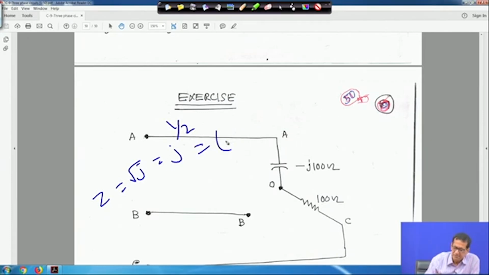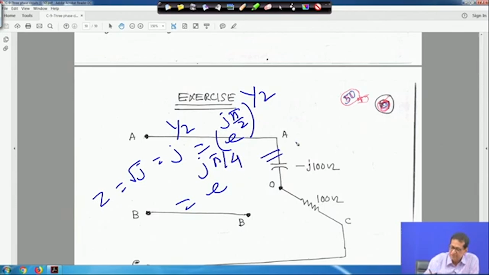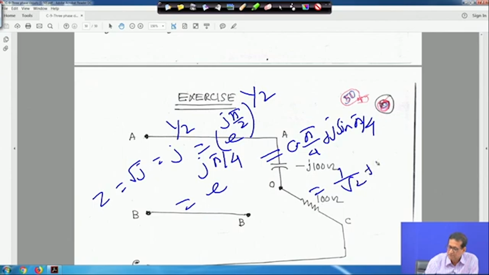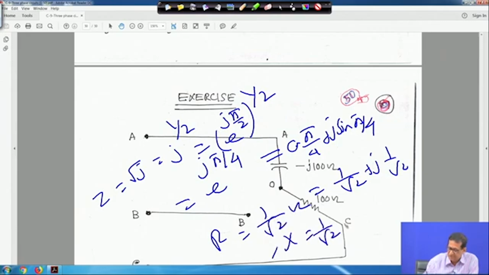So j is equal to e to the power j pi by 2, to the power half, which is e to the power j pi by 4, which is cos pi by 4 plus j sin pi by 4, equal to 1 upon root 2 plus j 1 upon root 2. That means R is equal to 1 upon root 2 ohm and X is also 1 upon root 2 ohm. So this is how we calculate it.